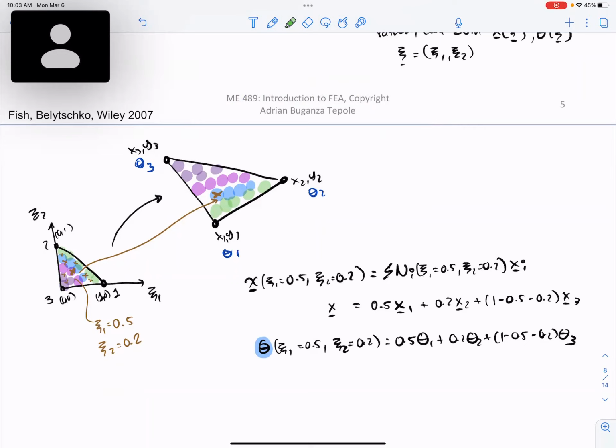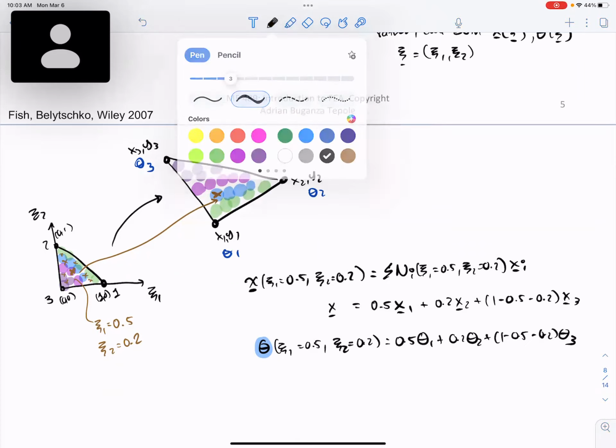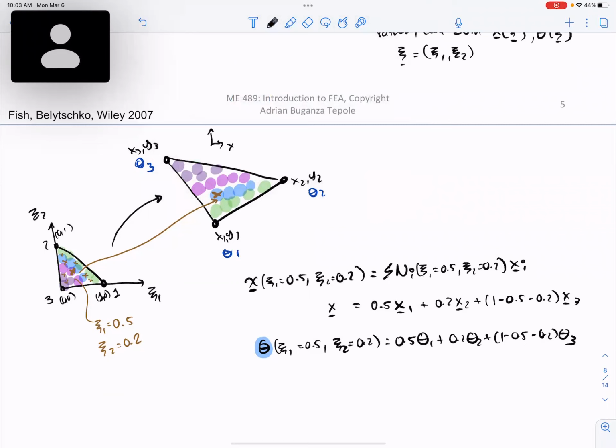So obviously the corner right there is at 0, 0, and whatever values you evaluate for theta at that value correspond to the corresponding node 3 in the XY space. So that's essentially what we're going to do now: always evaluate this isoparametric map.